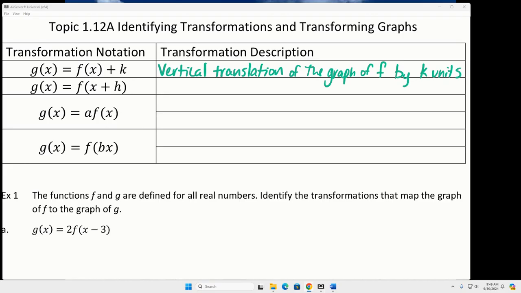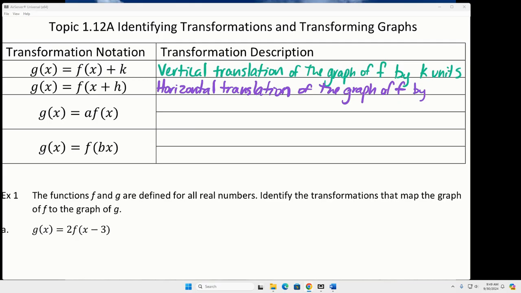All right, what about adding on the inside? It moves it left to right, so it's going to be a horizontal translation of the graph of F by, what do you guys remember about on the inside?